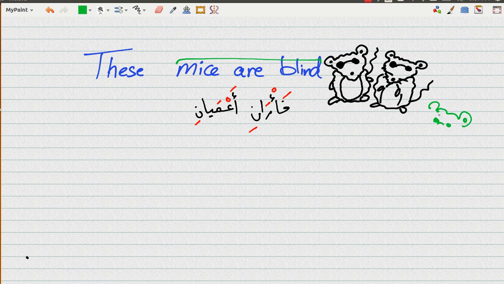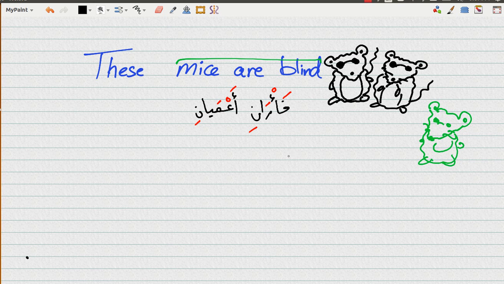If there are more than two, there's a third mouse there, then the sentence completely changes meaning. In English it stays the same, these mice are blind, but in Arabic it changes.